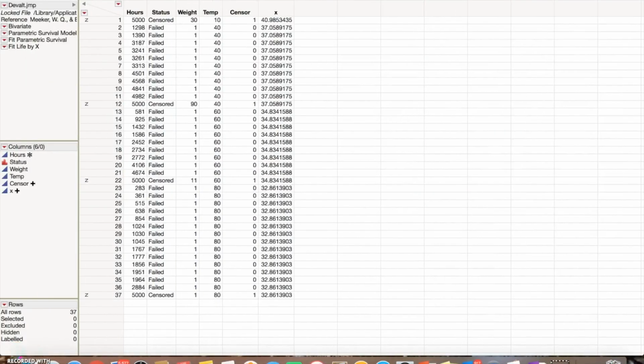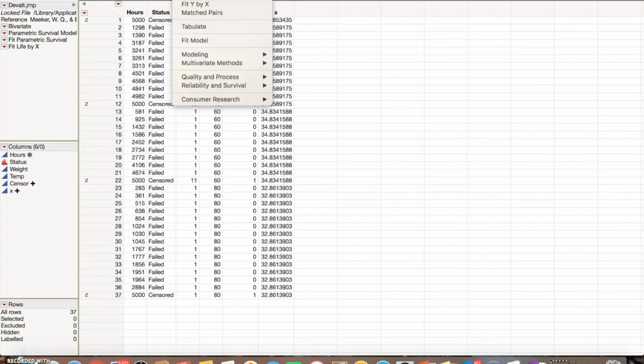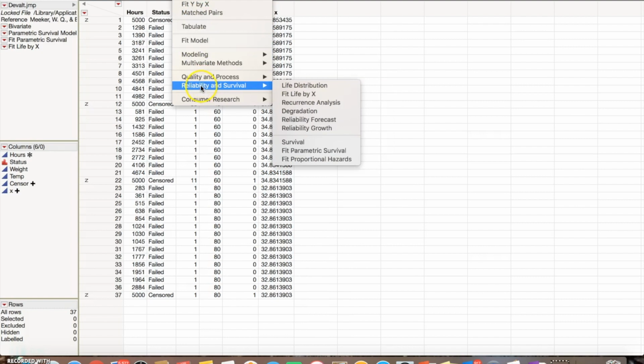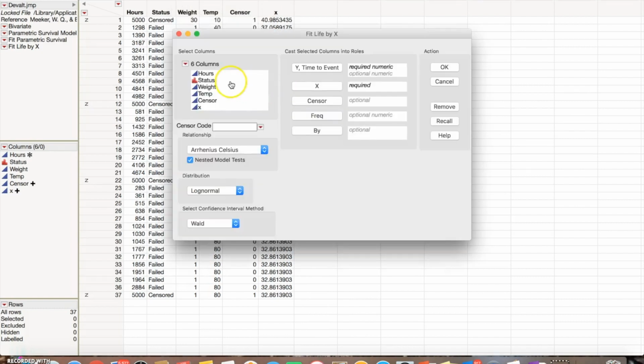So now moving into JMP, again we're using the default data, and we're going to click on Analyze, Reliability and Survival, Fit Life by X. And we're going to be putting hours into this Y column, and then temperature, as we said, is the factor of interest in the X, and censor in censor.